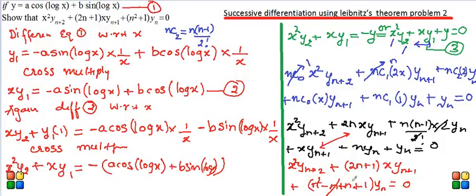Minus n plus n gets cancelled, so we get the required thing here: x square y(n+2) plus (2n plus 1) x y(n+1) plus (n square plus 1) yn equal to 0, hence proved.